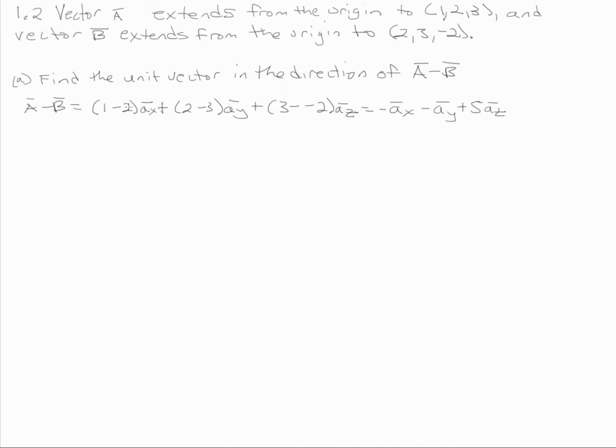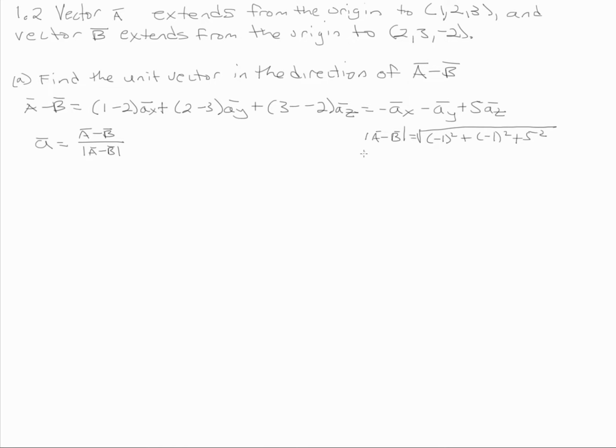But they want to know the unit vector in that direction, so we need a unit vector, which is going to be A minus B over the magnitude of A minus B. The magnitude of A minus B is going to be equal to the square root of the coefficients squared: minus 1 squared plus 5 squared.